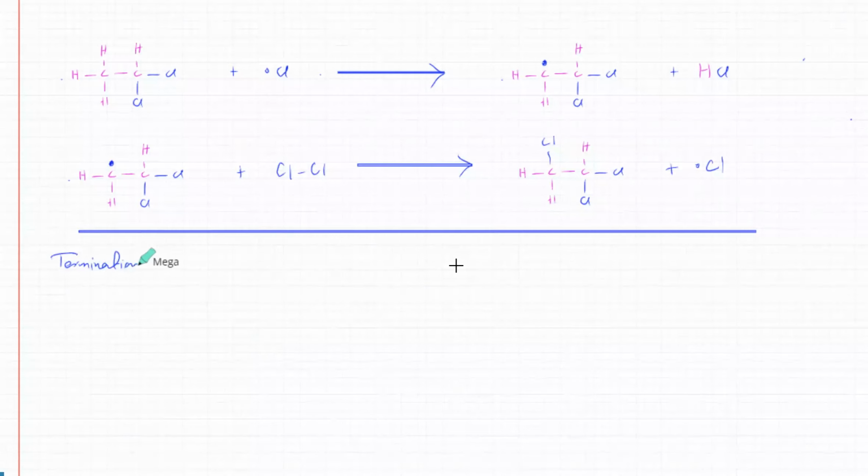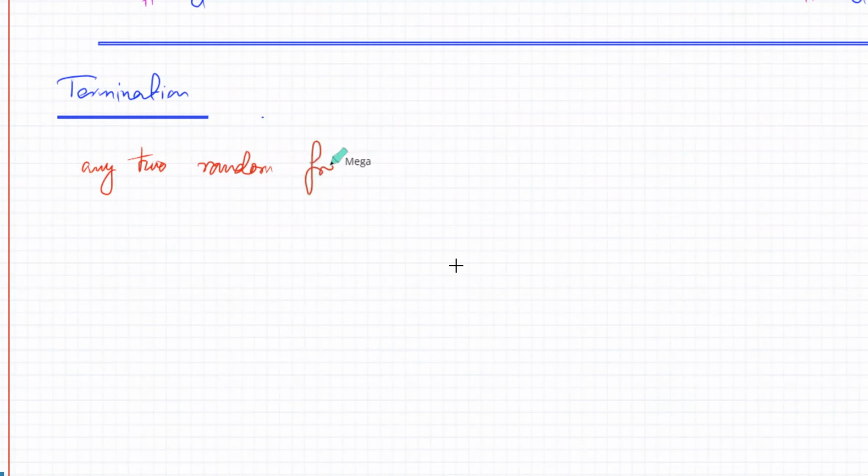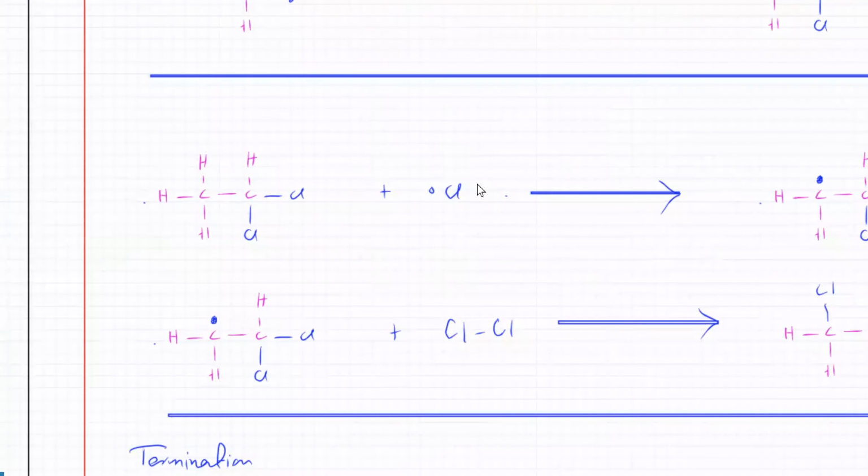Imagine that your reaction is going randomly in propagation. Termination is that any two random free radicals could just join up with each other. Why don't they just join up with each other? Radicals combine. Basically, what was happening in propagation? The Cl had unpaired electrons, so it went and stole one of the hydrogen atoms.